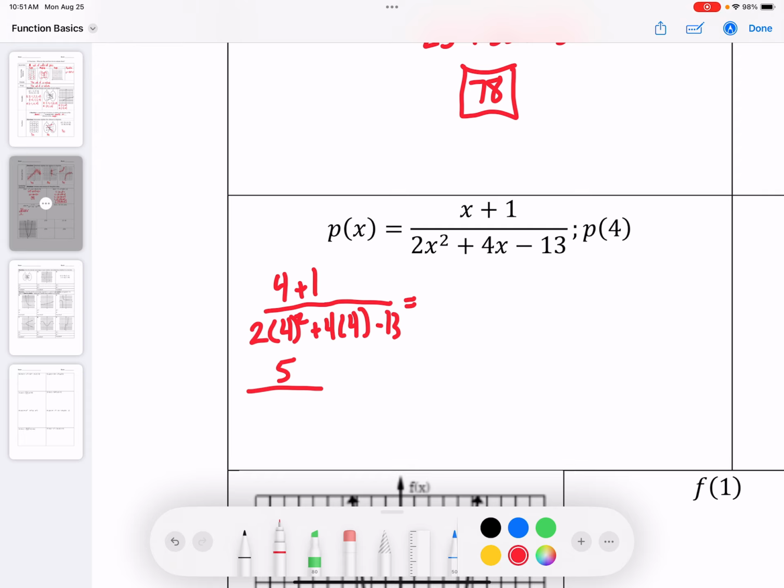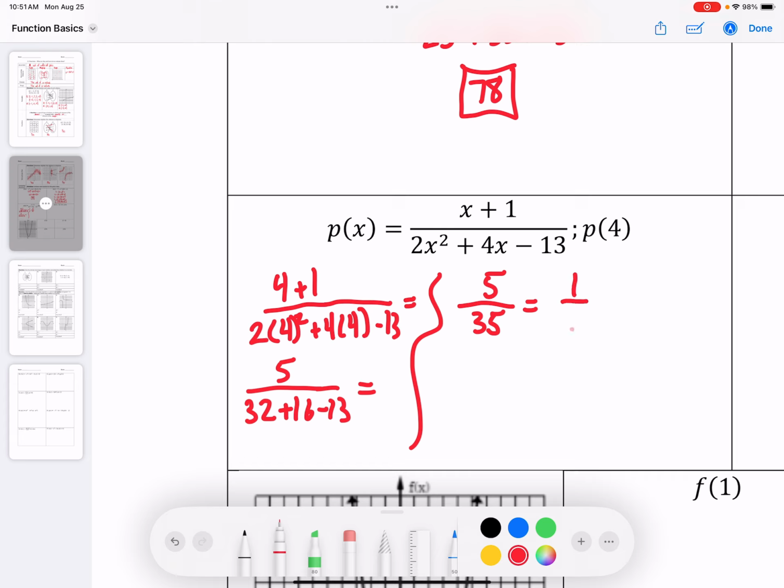So 2 times 4 squared. 4 squared is 16, times 2 is going to be 32. Then 4 times 4 is 16, and we're going to minus 13 from that. So we get 5 over 35, which reduces to 1 over 7.